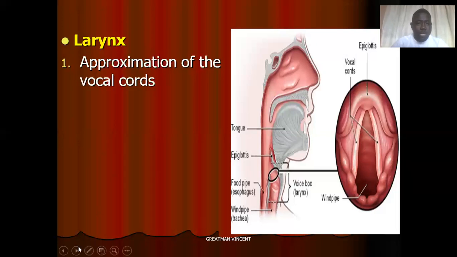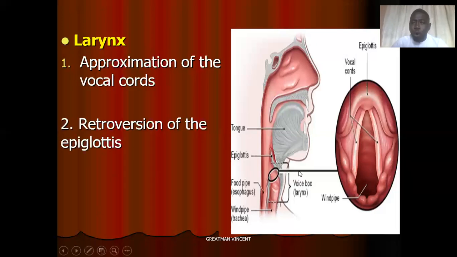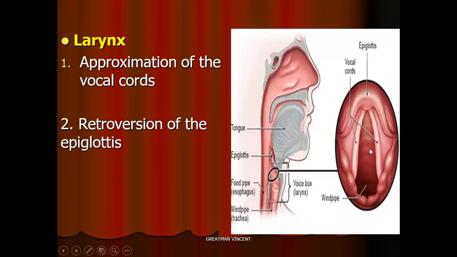We want to also cover the glottis so that even if the approximation of the vocal cords is not really completely done, and there may still be some spaces, there will be a structure that will cover the glottis so that if mistakenly food gets into the trachea, it won't still go into the windpipe.